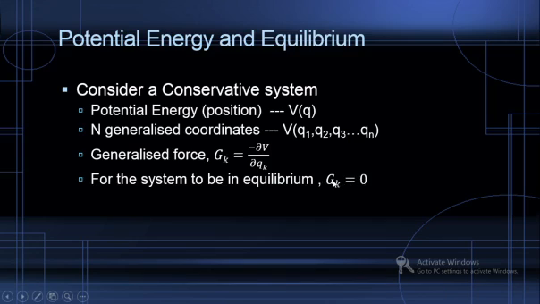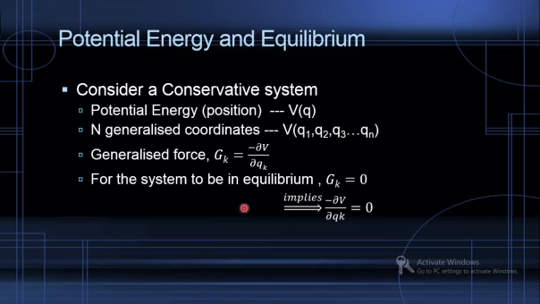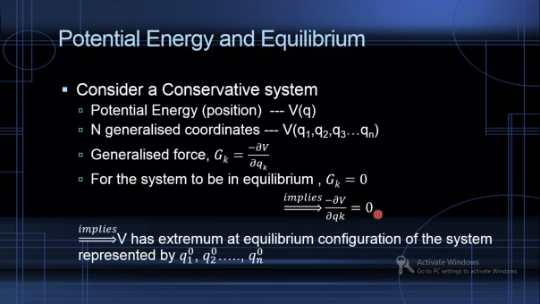G represents the generalized force, and Gk is given by the negative gradient of the potential, which implies the variation of potential with respect to the coordinate must be 0. If the first derivative of a function is 0, it has an extremum at the equilibrium configuration. It could be a maximum or a minimum.